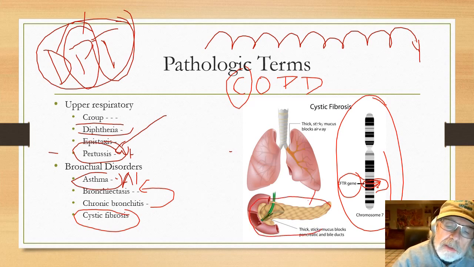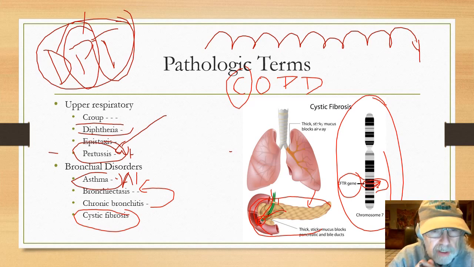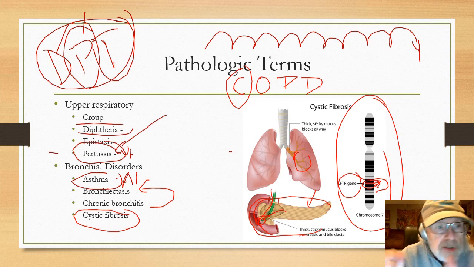This would be the pancreas, and this would be the first portion of the small intestine, and here's a duct coming from the gallbladder and the pancreas that goes in there. These secretions become so thick that they block everything. In the lungs, they block the small airways, large airways, and so on. It's something these people didn't ask for. It was a genetic problem.